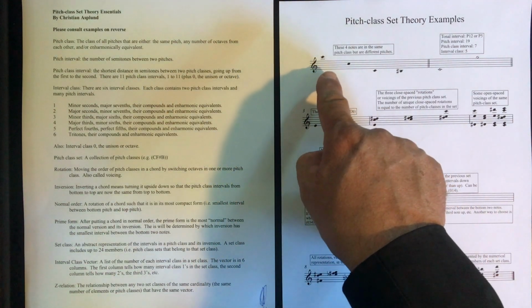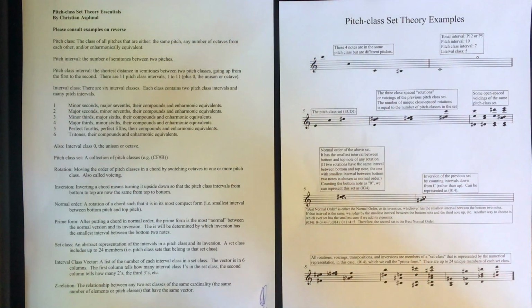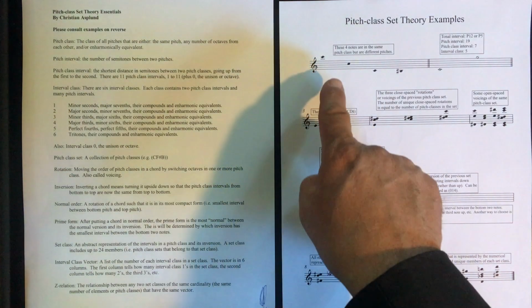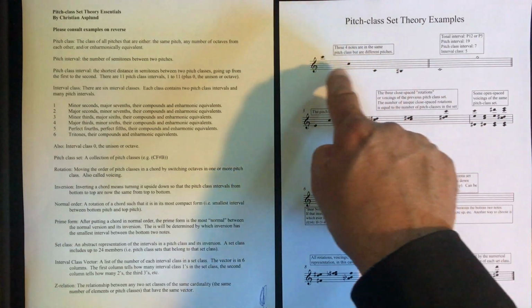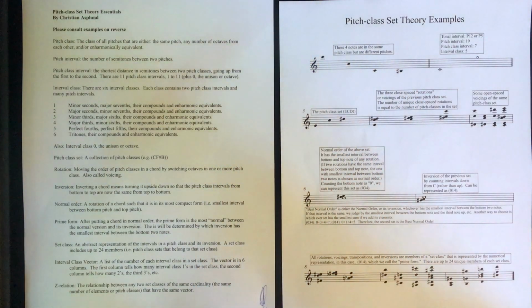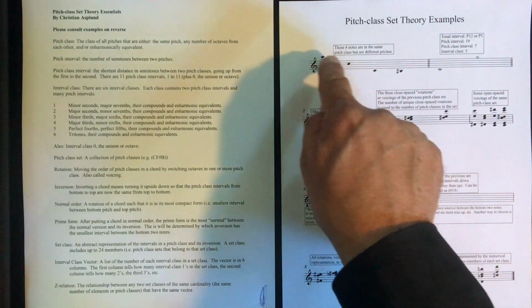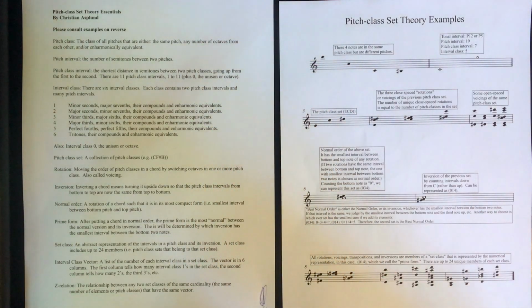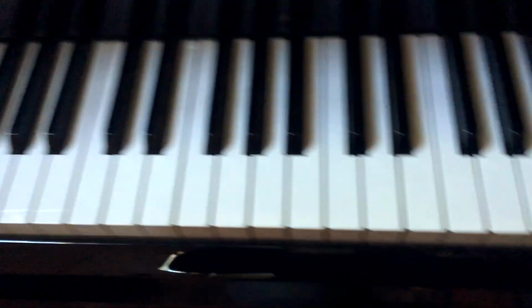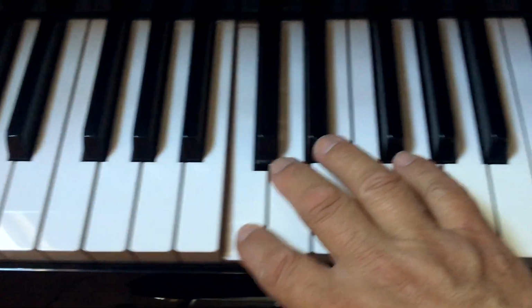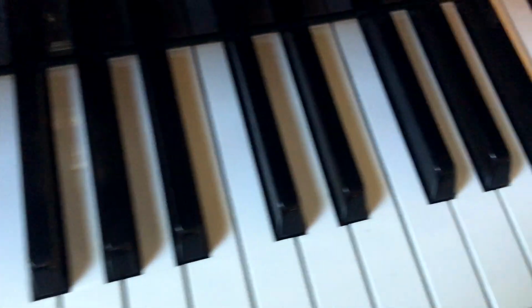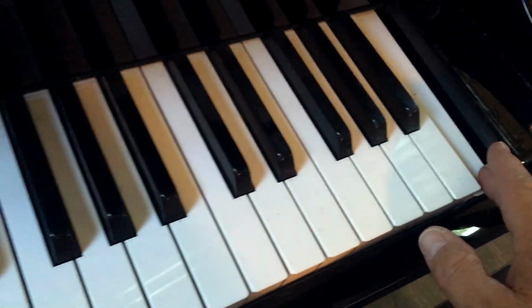And you'll notice here, what is pitch class? What's the difference between pitch class and pitch? Well, these 4 notes are different notes, and these 3 are different pitches, but they are the same pitch class. So if we go over to the piano, we'll notice that we actually have 7 notes of the pitch class C. 4, 5, 6, no, it's 7 or 8, I don't remember.